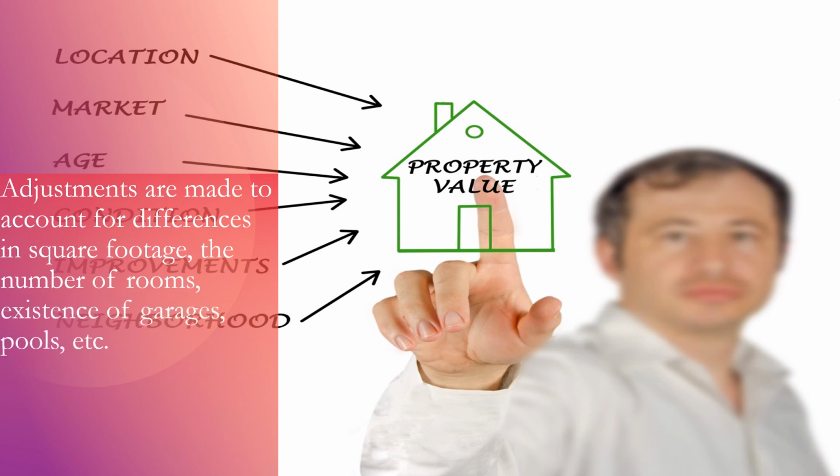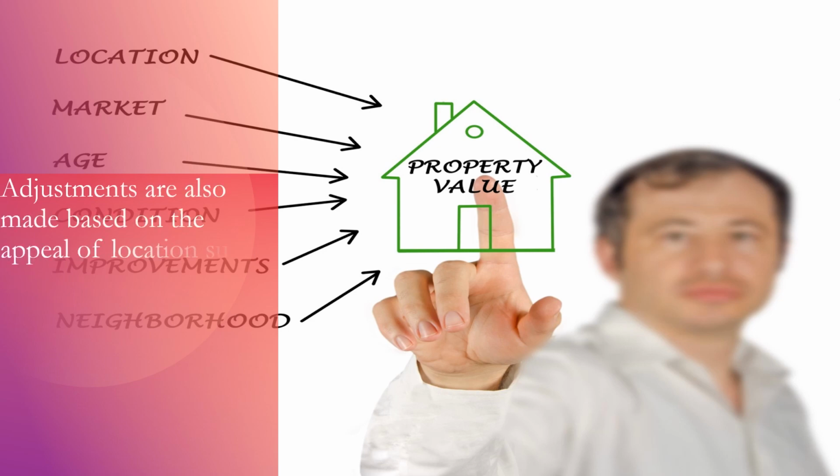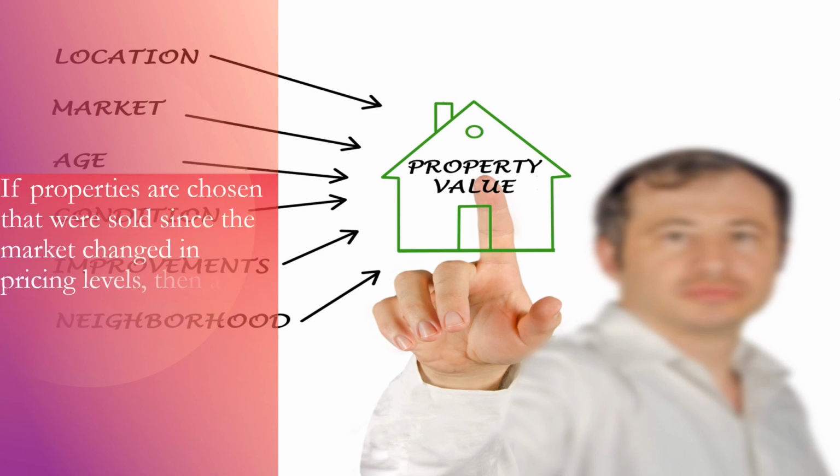Adjustments are made to account for differences in square footage, the number of rooms, existence of garages, pools, etc. Adjustments are also made based on the appeal of location, such as whether one property is waterfront and one is not. If properties are chosen that were sold since the market changed in pricing levels, then adjustment is also made for the market difference.